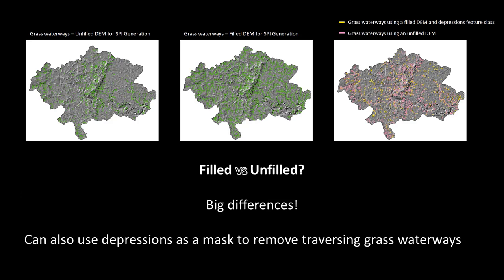You can see in this example, in this extremely pocky central Iowan watershed, that using the filled DEM, all those depressions just got filled, and so flow was able to go right across them, whereas when you use an unfilled DEM, the flow paths stop at every single depression. So just to reiterate, it is important to be aware of your inputs and the impacts it could have on siting conservation practices.